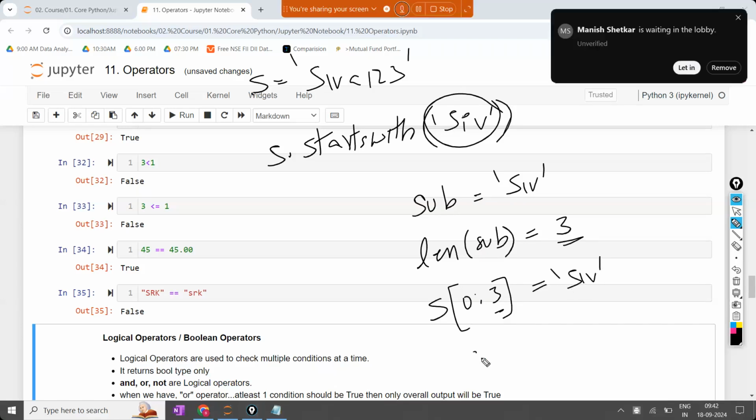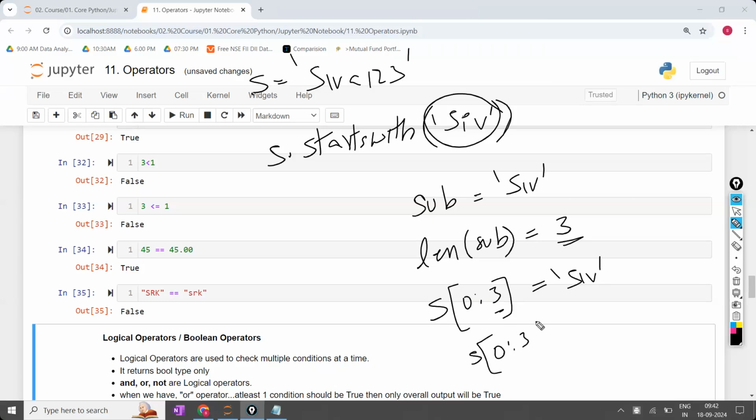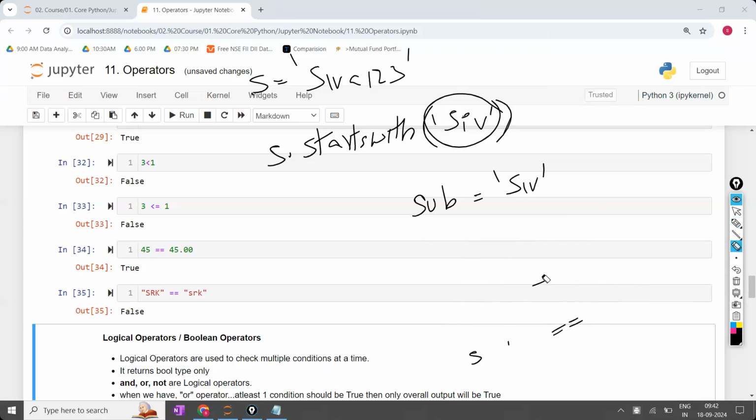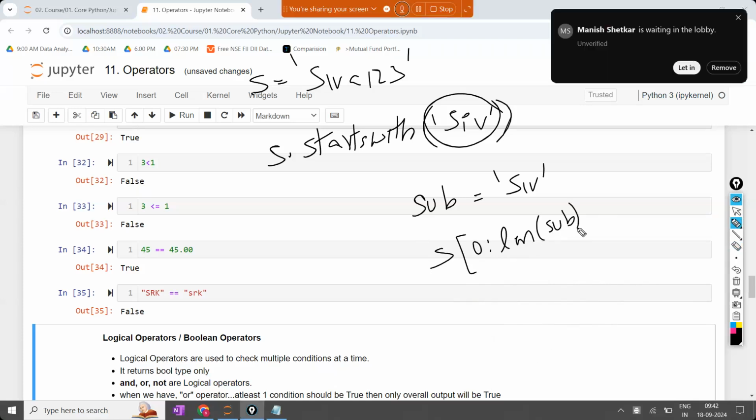Now it compares whether s of 0 to 3 is equal to SIV. This one and that one, are both the same or not? It is checking. That is nothing but sub. So literally in the backend, it checks s of 0 to the length of sub, whatever the substring length is, and whether that is equal to sub.